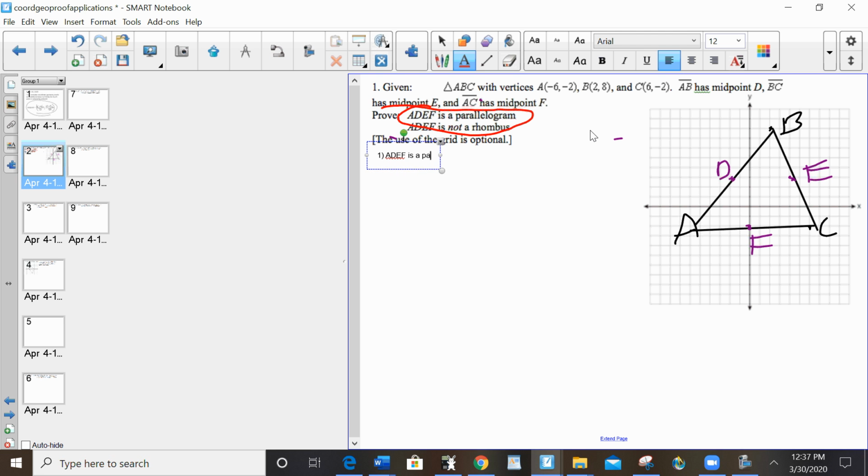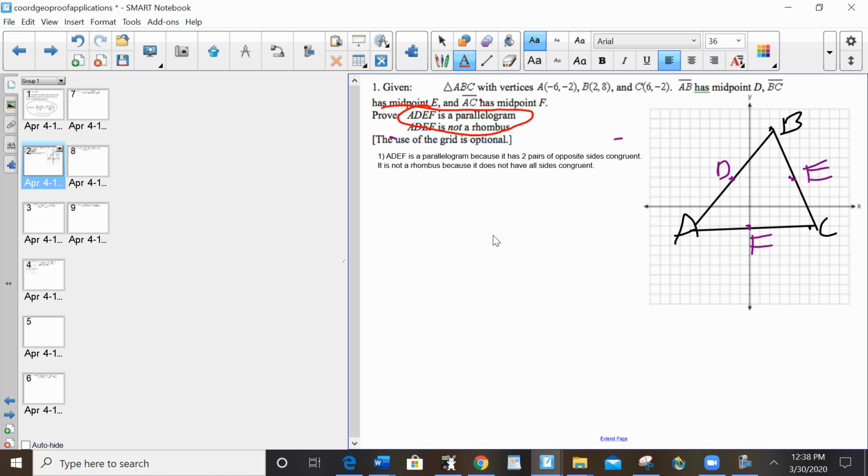ADEF is a parallelogram because, and again, this comes back to that sheet that you have to have memorized, you have to know how to prove your different shapes, because it has two pairs of opposite sides congruent. It is not a rhombus. Well, to prove a rhombus, again, you have to know all your how-do-you-proves. A rhombus has all sides congruent, so it is not a rhombus because it does not have all sides congruent.